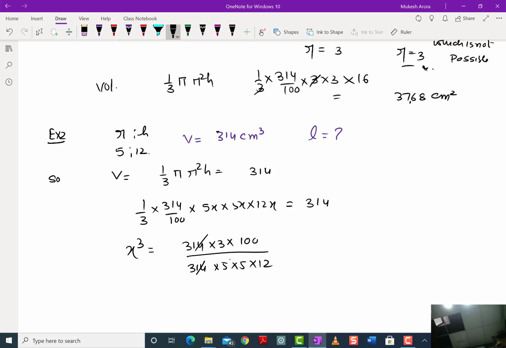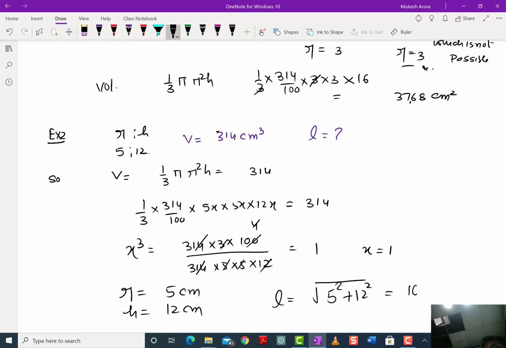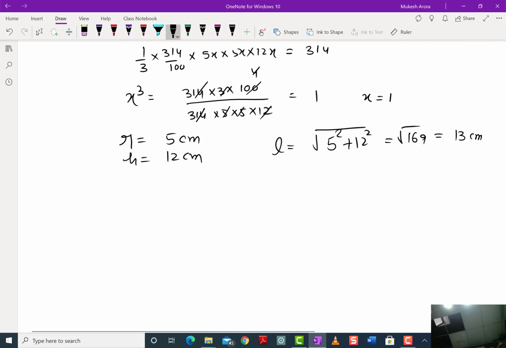This is cancelled with 4. This is cancelled, is 1. X is equal to 1. Radius is equal to 5 centimeter. Then height is equal to 12 centimeter. Slant height is 5 square plus 12 square under the root 169 is equal to 13 centimeter.